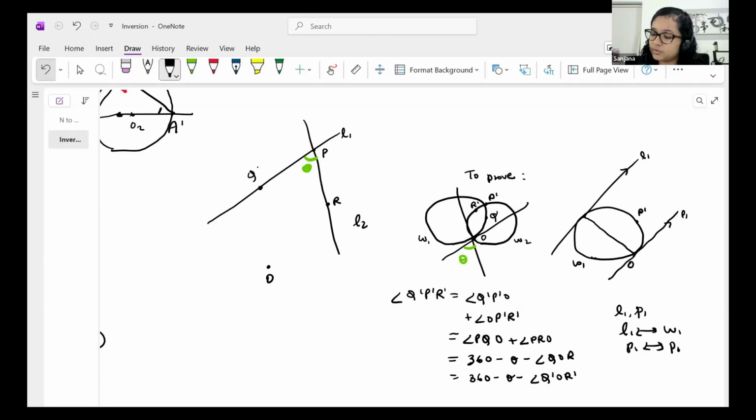But now when you invert, L1 goes to omega 1 and P1 goes to itself. So suppose they're not tangent, then they have some point of intersection other than O. But that's not possible because that point does not have an inverse. Therefore, they must only intersect at O. Alright, that makes sense.